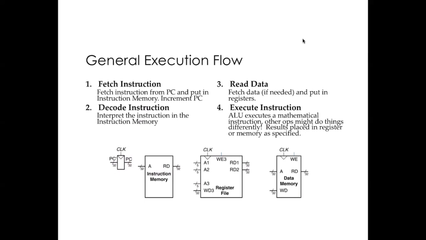For example, with an add immediate command, we have a register that we're reading from and an immediate. We need to know where to hook those up to, and we need to know which part of the command they are. Then we read our data, so anything that we need out of the register file. Finally, we execute the instruction in the ALU, which isn't in this diagram yet because it isn't actually a state element. And then finally, we write the result back to the register file or to data memory, depending on the command.